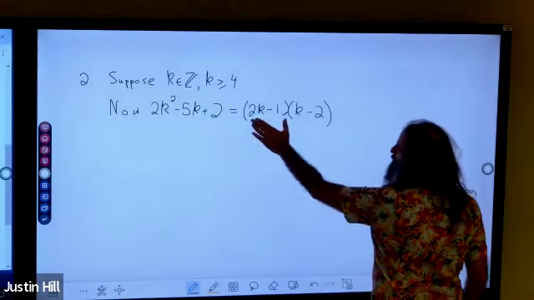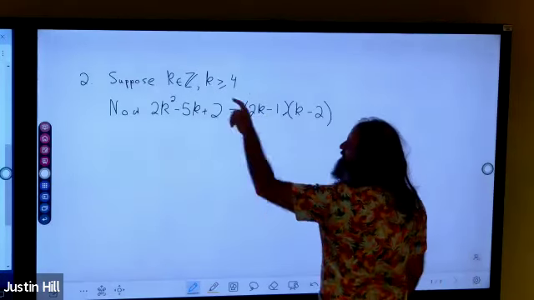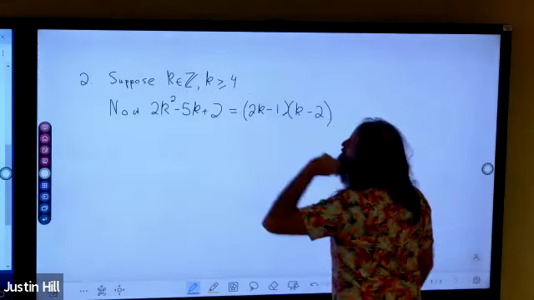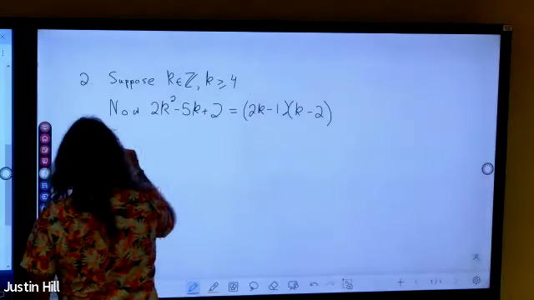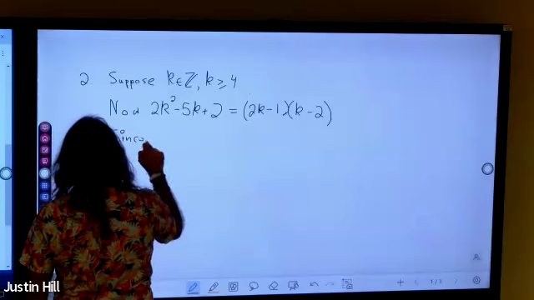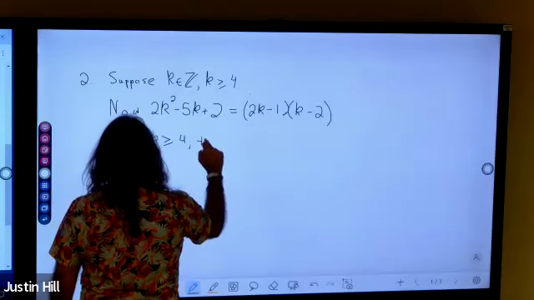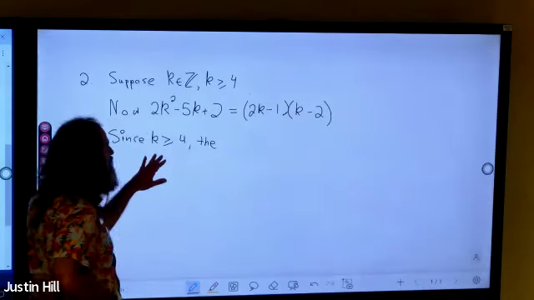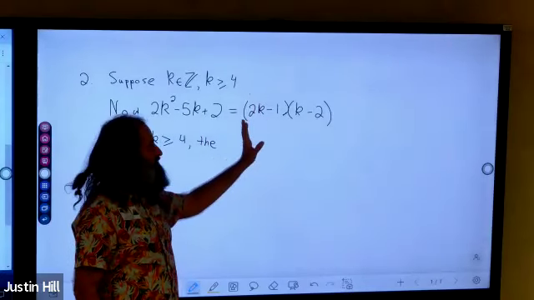I need to prove that these are greater than or equal to 1, so I'm going to start with the inequality I already have in the problem, k greater than or equal to 4. So I can say, since k is greater than or equal to 4, I can effectively plug in k here.